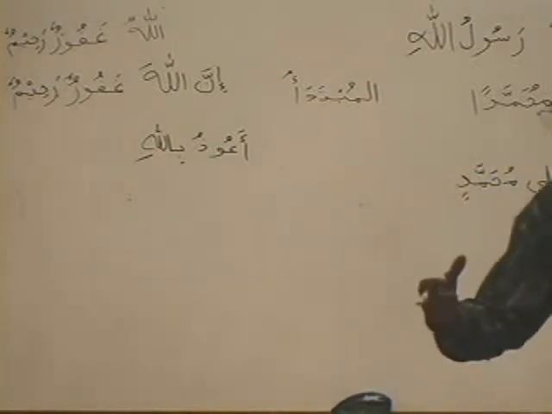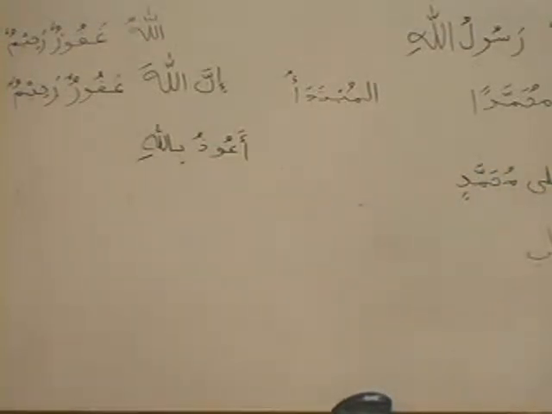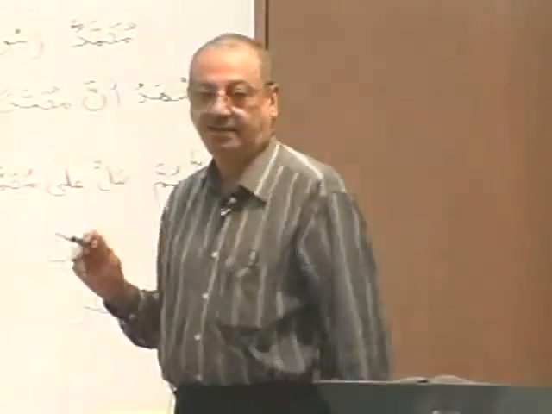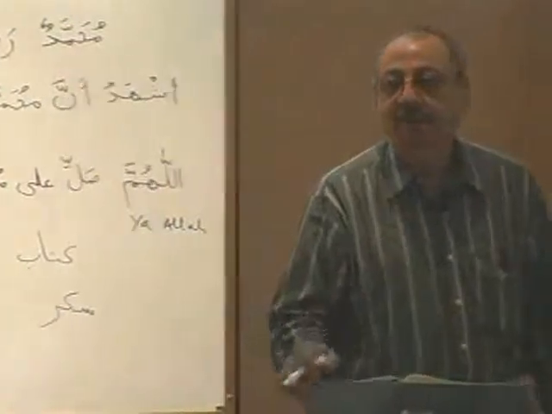Jisse ibtida hoti hai. Things with which you begin something. What is the meaning of mubtada? The thing which begins with. Something that is used to begin something. Mubtada, subject.